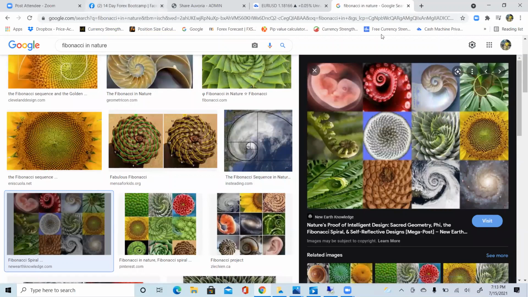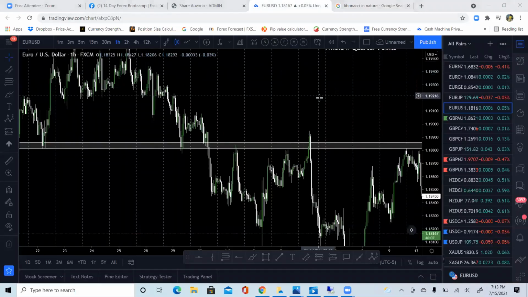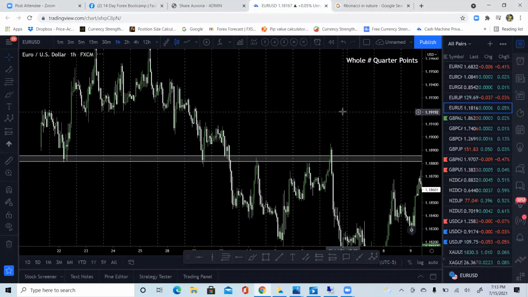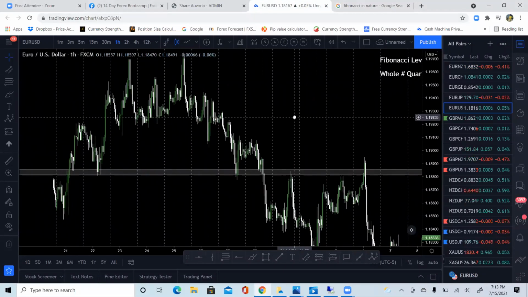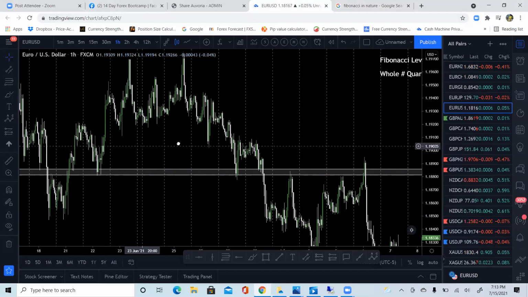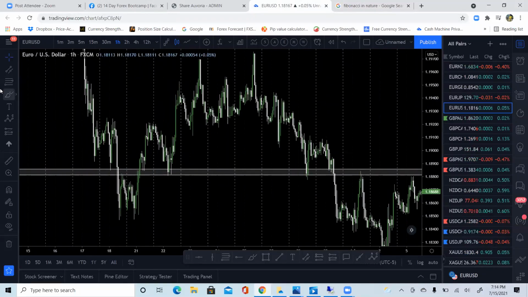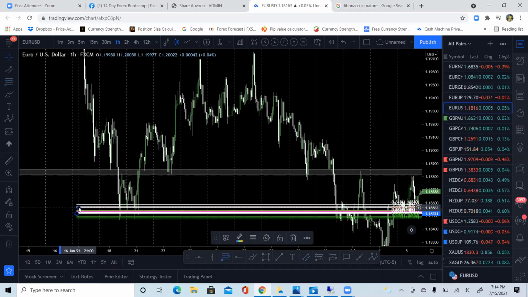So let's go back to the charts here. So we talk about the 61.8 retracement, right? So let's look at nice even points. Let me do my basic one.